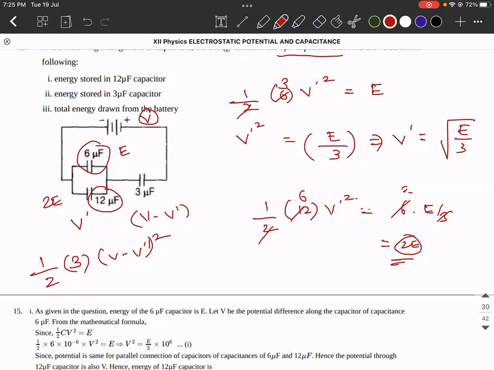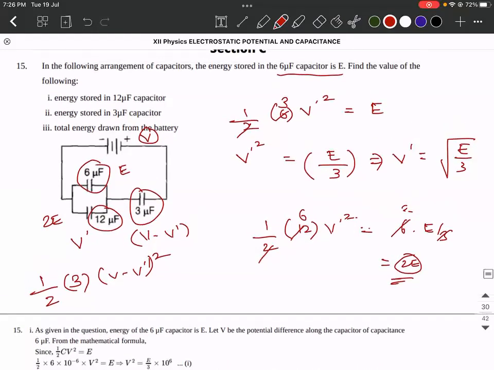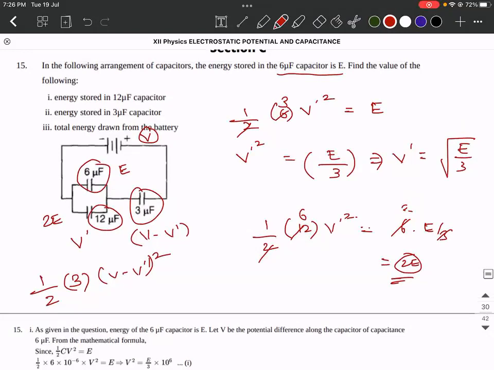Because 6 and 12, the equivalent capacitance is 3 here. 12 and 6, what is the equivalent capacitance? 18, no? That 18 is a 3, isn't it? How is it 6?